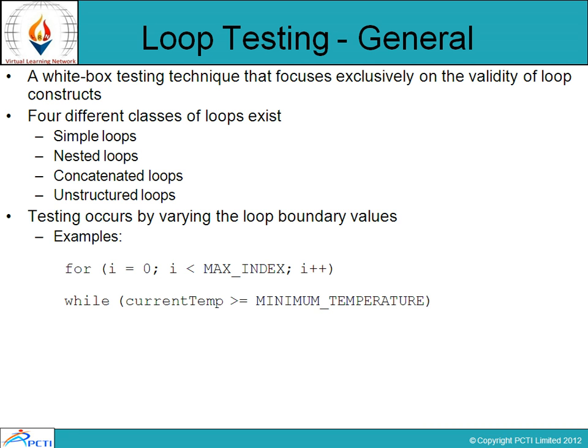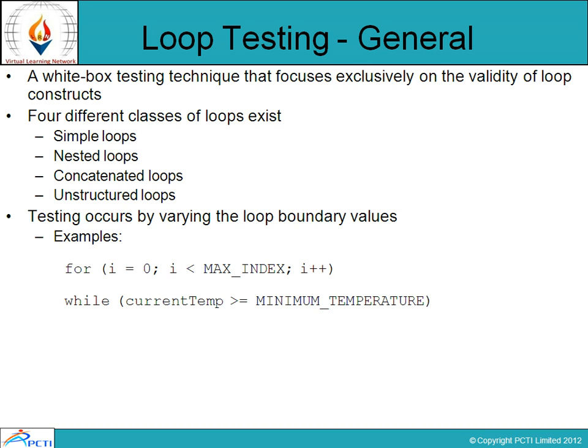Next is loop testing. That is a white box testing technique that focuses exclusively on the validity of loop constructs. They check whether the loop is valid for true and false conditions. Four different classes of loops exist here: simple, nested, concatenated, and unstructured loops.